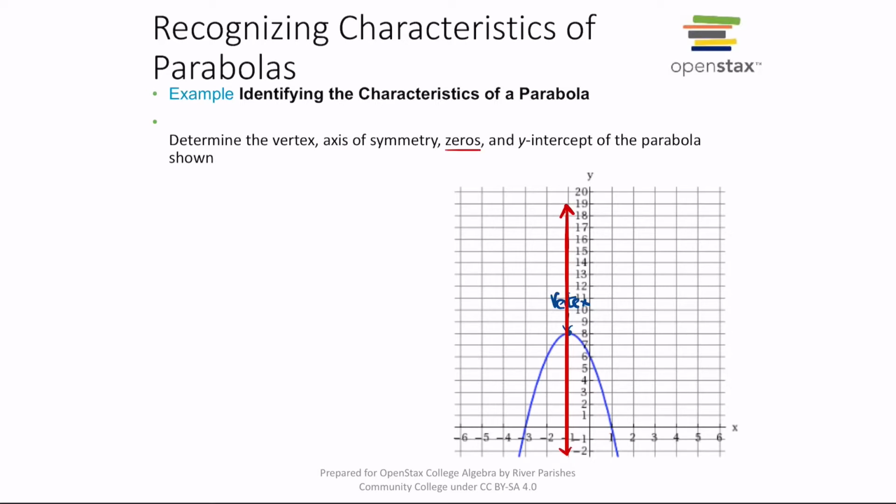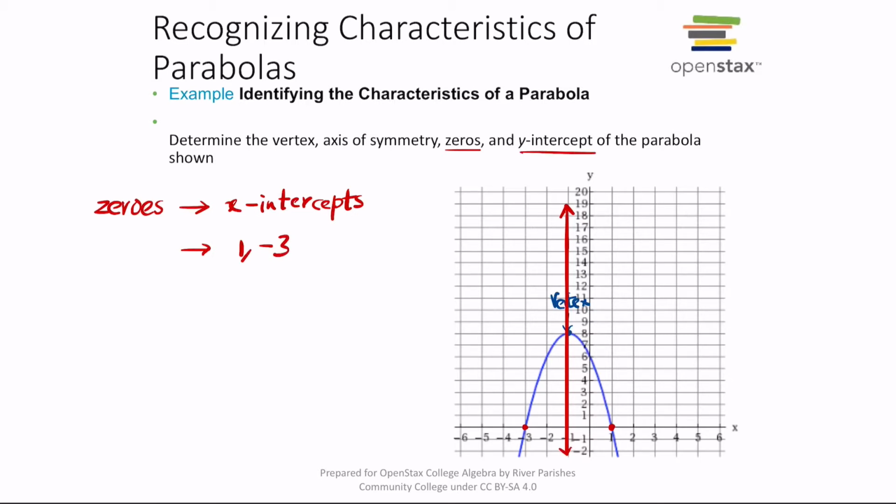Next, we want to find the zeros. Zeros in general are also called the x-intercepts. The points where the graph cuts the x-axis are called the zeros of the polynomial or zeros of the quadratic function. So here it cuts at 1 and -3. So the zeros are 1 and -3. Next, we want to find the y-intercept.